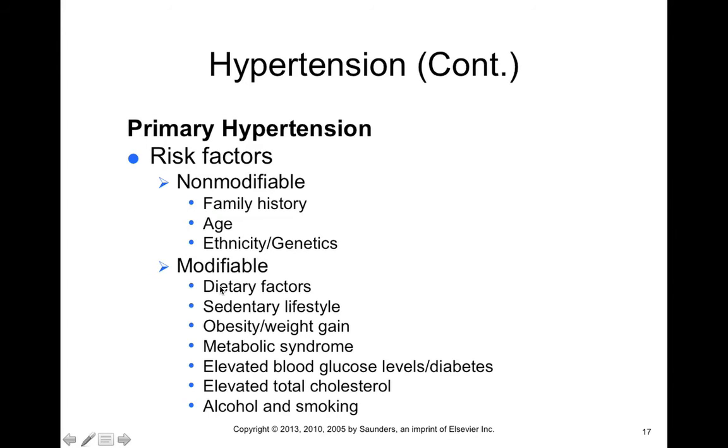In this sense, you can change your diet and how you exercise. You can change your body's weight, whether you have metabolic syndrome, which can relate to diabetes and blood glucose. You can change your cholesterol, that's modifiable, as well as other lifestyle factors like alcohol and smoking. And by reducing these factors, you can reduce your risk for hypertension.